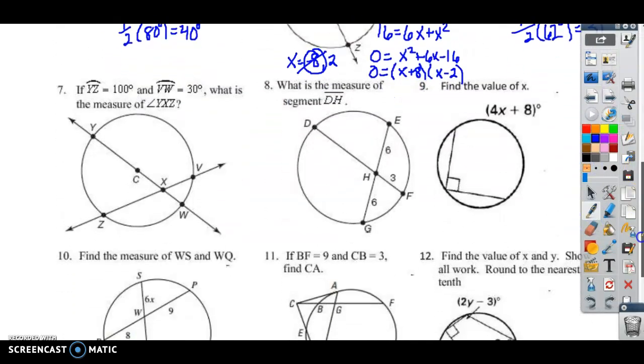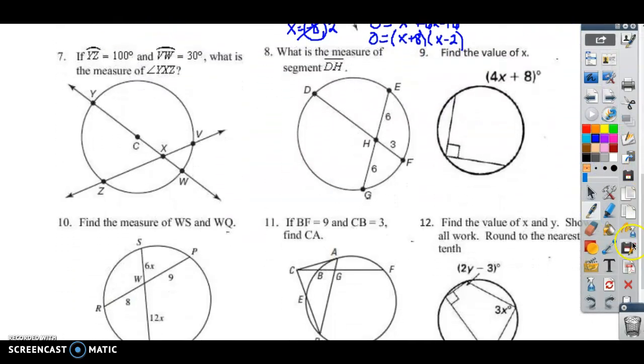Let's scroll on down. So if arc YZ equals 100, so we know YZ is 100 degrees, and arc VW measures 30 degrees. We're asked to find the measure of angle YXZ, so this angle right here. Well, basically we've got two chords, or two secants, but we could think about it as two chords that intercept these two arcs.